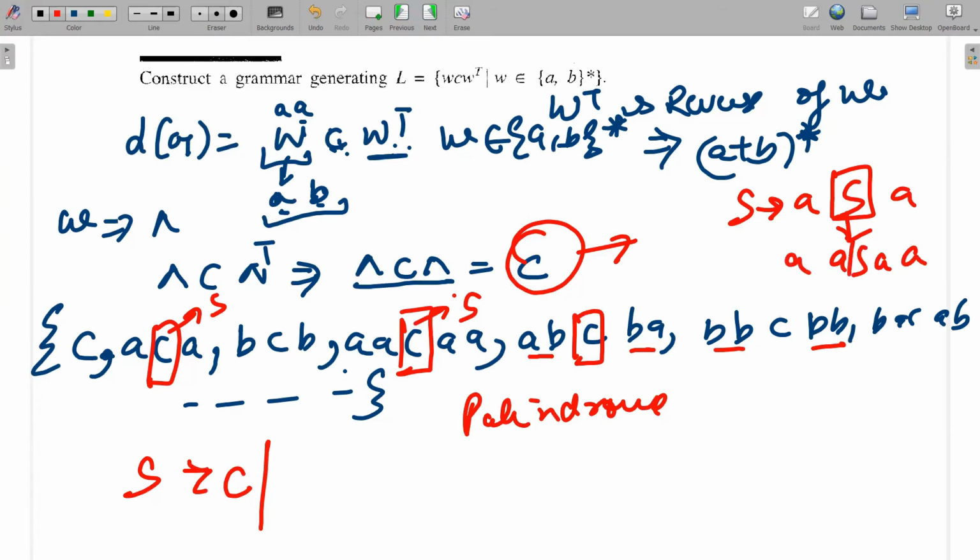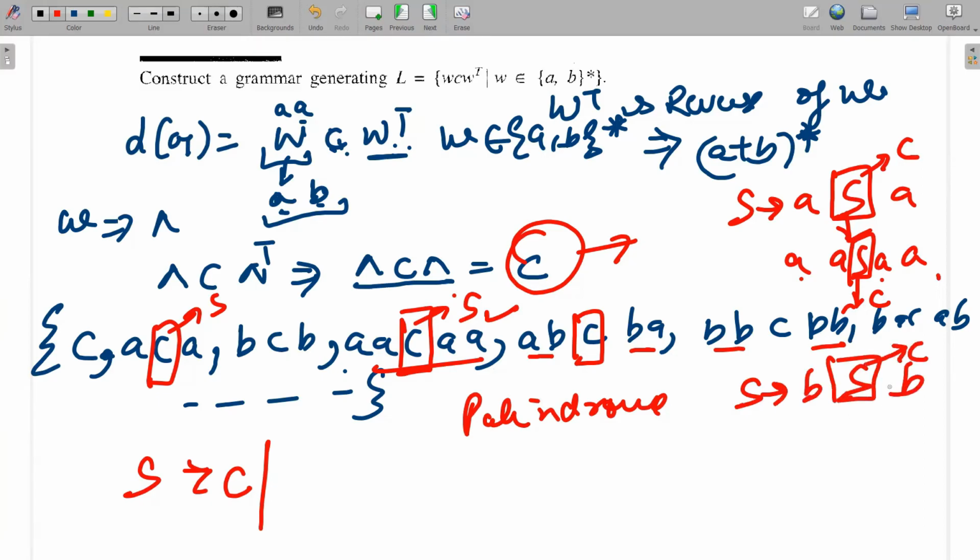So if I put S as C, I will get ACA, and with ASA inside I get AACAA, which I am getting over here. I can also get BSB. If I put just C over here, I'll get BCB, or if I get BSB over here, I can easily put C in the middle and get BBCBB. So we are getting exactly the answers that are required.